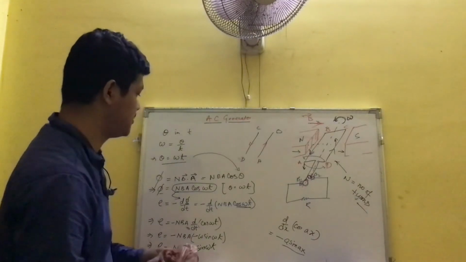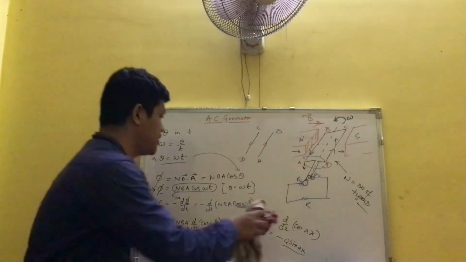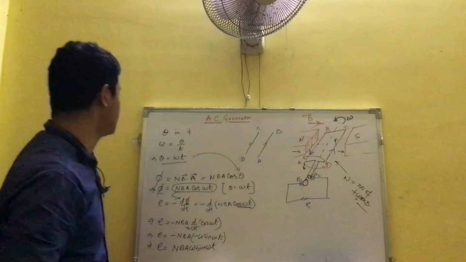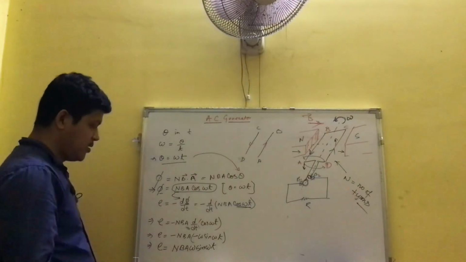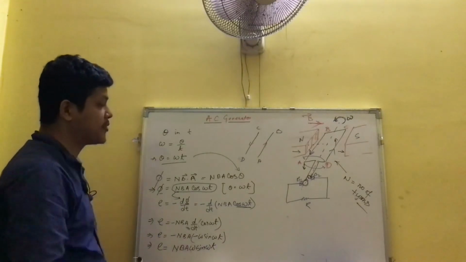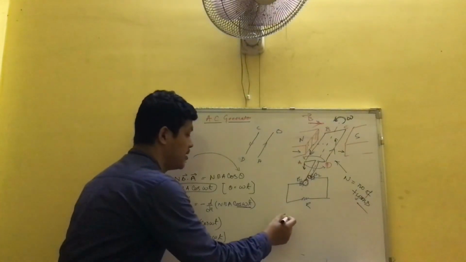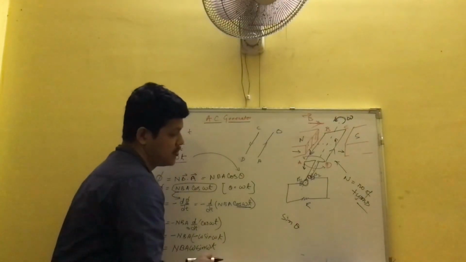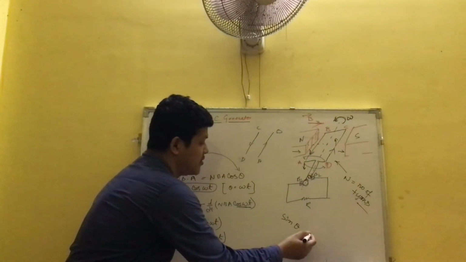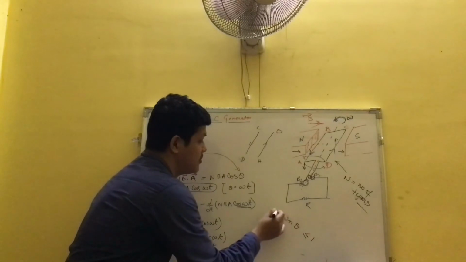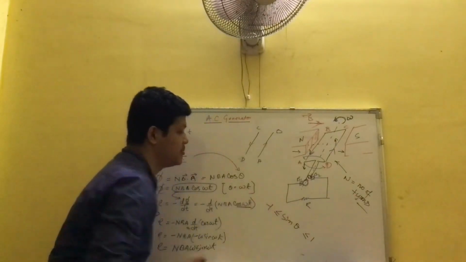Now here you see the maximum value of the sine function. Always remember the value of sine theta for any value of theta: its maximum value is 1 and minimum value is minus 1. Remember it.